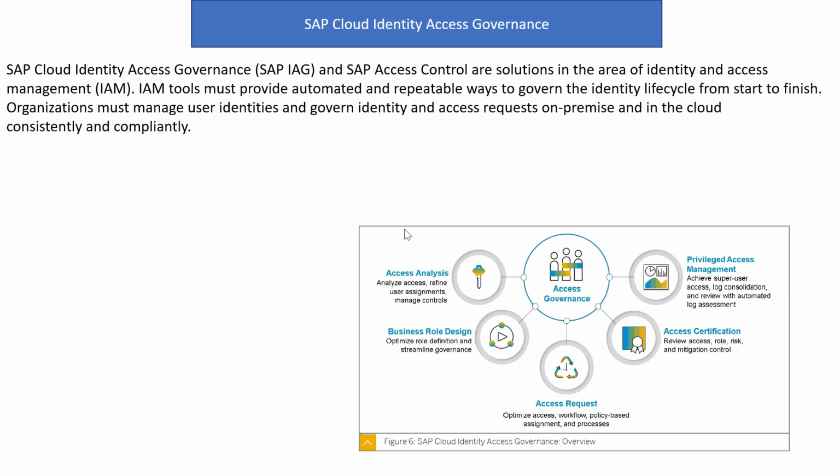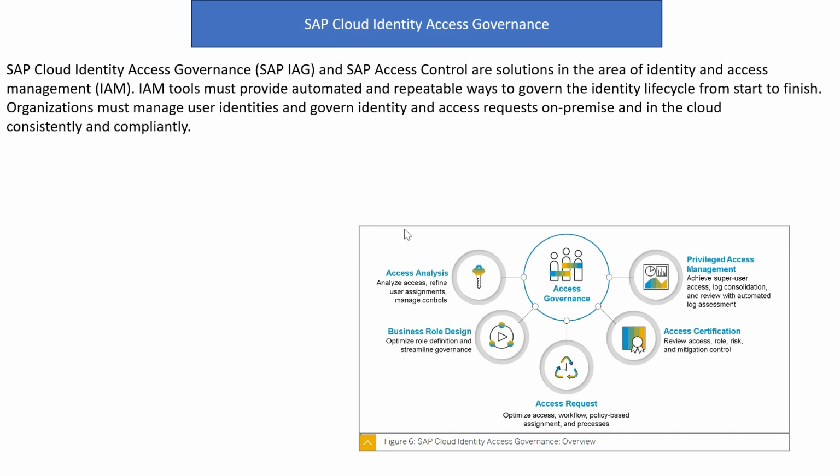So coming to the access certification, let's compare this access certification with GRC access control. We have UAR, user access review. First we got UAR, later we also got one more process, that is SOD review. Understood?